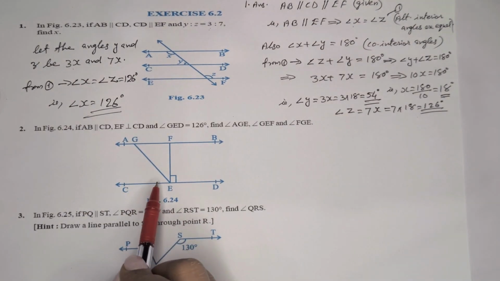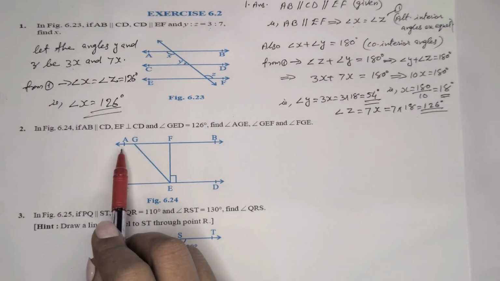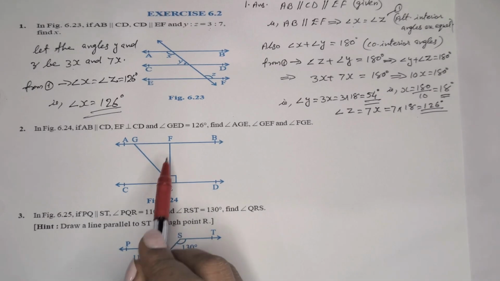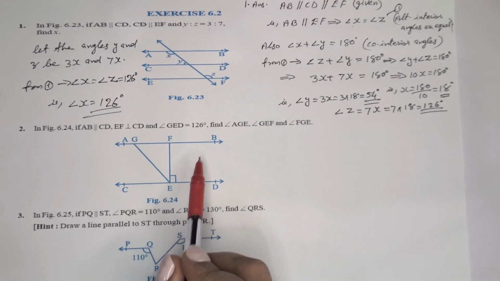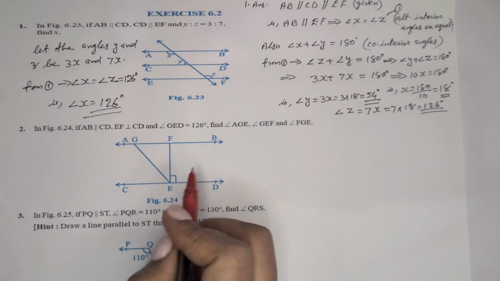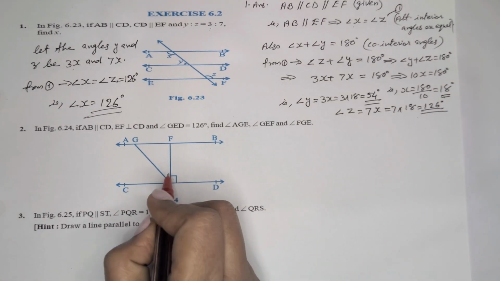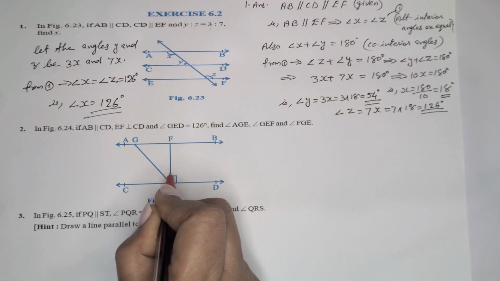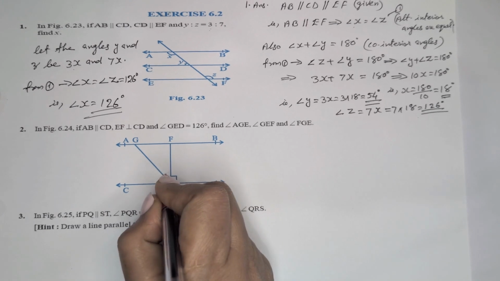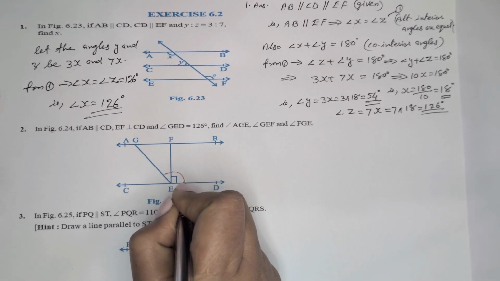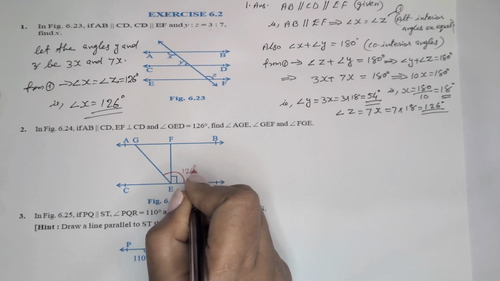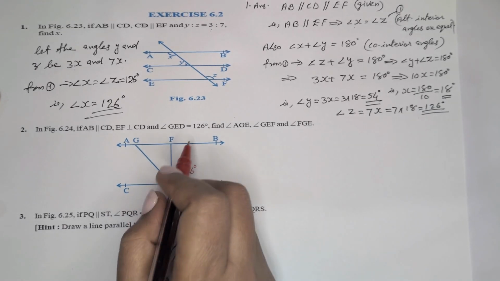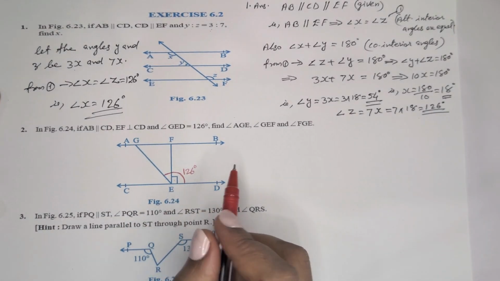Second question, in the figure AB parallel to CD and EF perpendicular, then GED is 126. GED means till here. This angle GED is 126 degree.